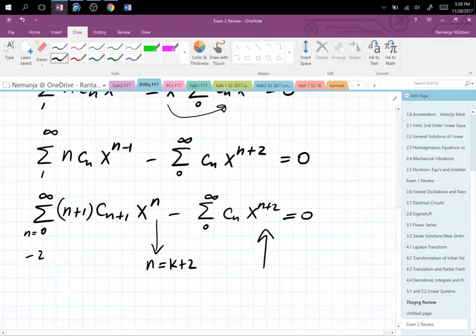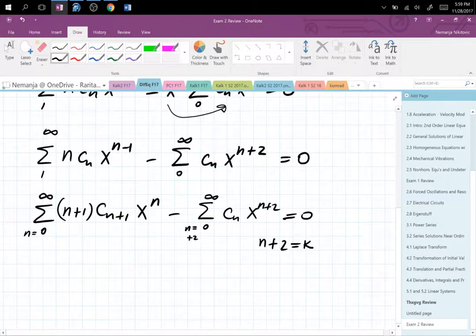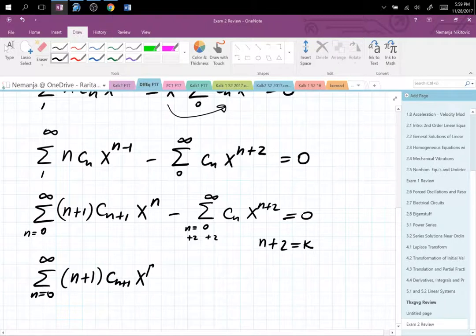Yeah, so we have to transform this side then. Okay, that's a little bit convoluted. n plus 2 equals k, because this is n equal to 0. And if I add plus 2 on both sides, that works. Nice. All right. So n equals 0 to infinity, n plus 1, Cn plus 1, x to the n, minus summation.